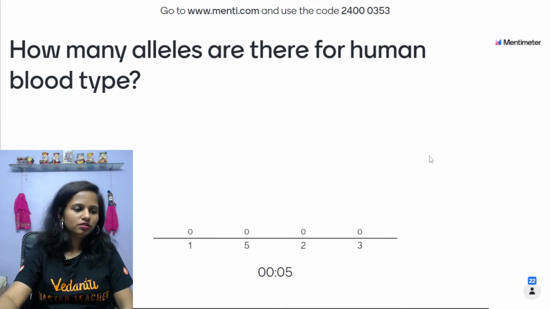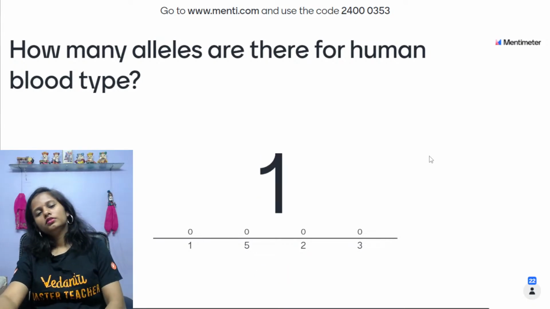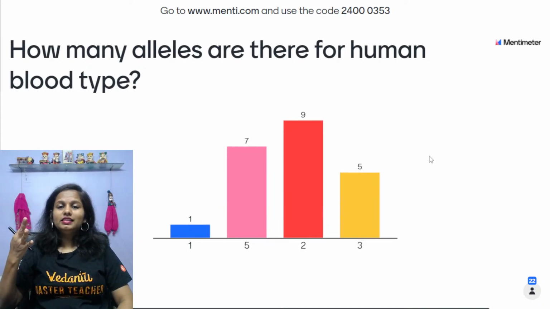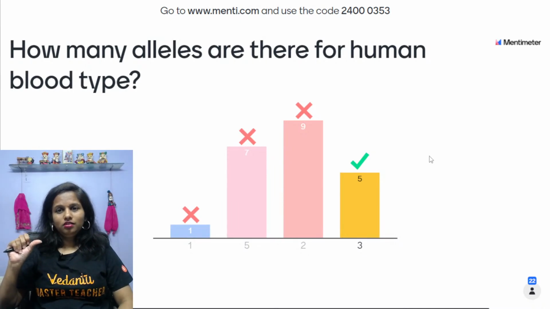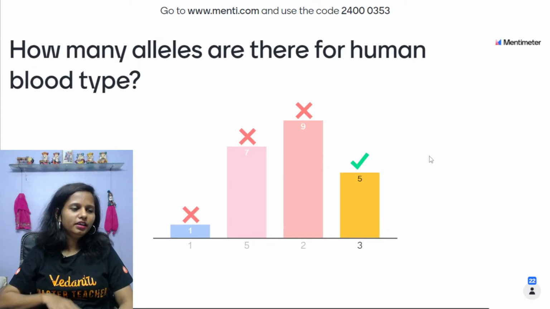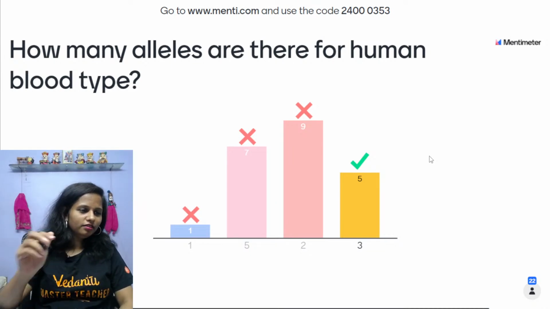Others? Super easy, Amrita. So, beta, there are 3 alleles. A, B and O. A, AO, A. BB, B. BO, B. AB, AB. OO, O. So there are A, B and O. Okay? Chalo.